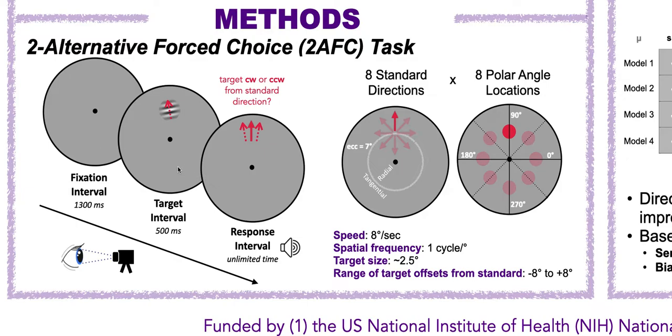Maintaining fixation, a Gabor target would appear that had a drift direction slightly offset relative to the standard direction. Observers then indicated whether the drift direction was slightly clockwise or counterclockwise relative to the learned standard. Our 8x8 design allowed us to measure performance for 64 unique direction location combinations.